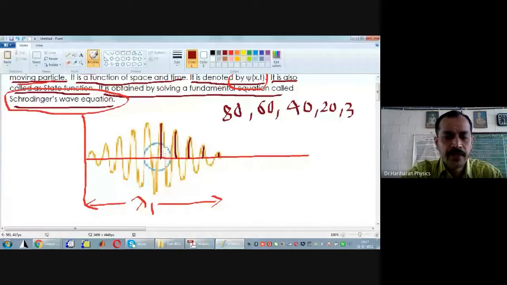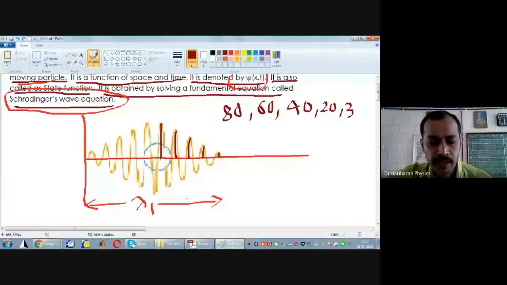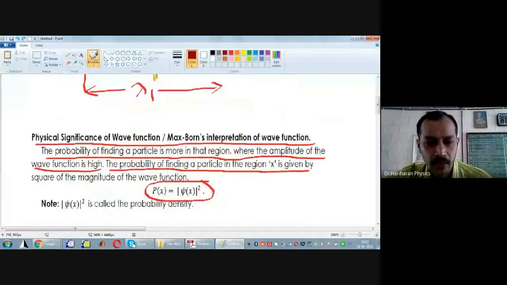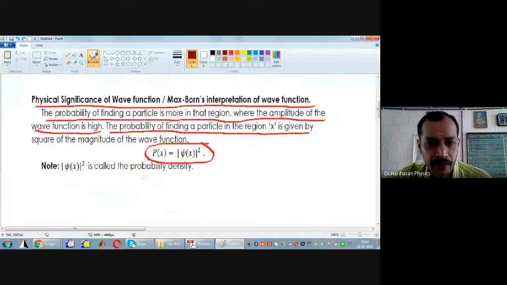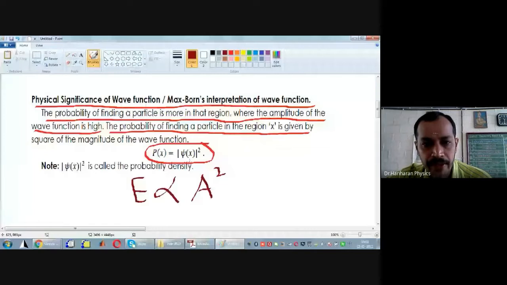Can you see here? So what does the amplitude of the wave function give you? This is simply analogous to the fact that the energy of the wave is proportional to the square of the amplitude. So take the amplitude of the wave function at the point x. If you square it, that will give us the probability of finding the particle.